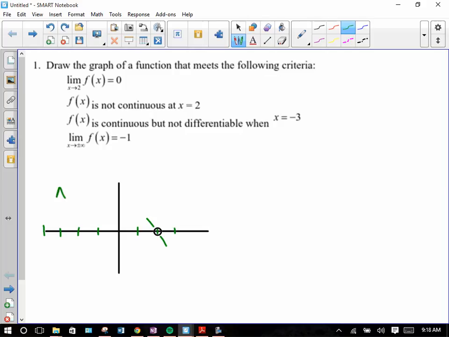Now that corner might look a little bit different based on that graph. The only other thing we're given is that the limit as x approaches positive or negative infinity is equal to -1. So what does that tell us? The horizontal asymptote y equals -1. So I'll draw a red dotted line.